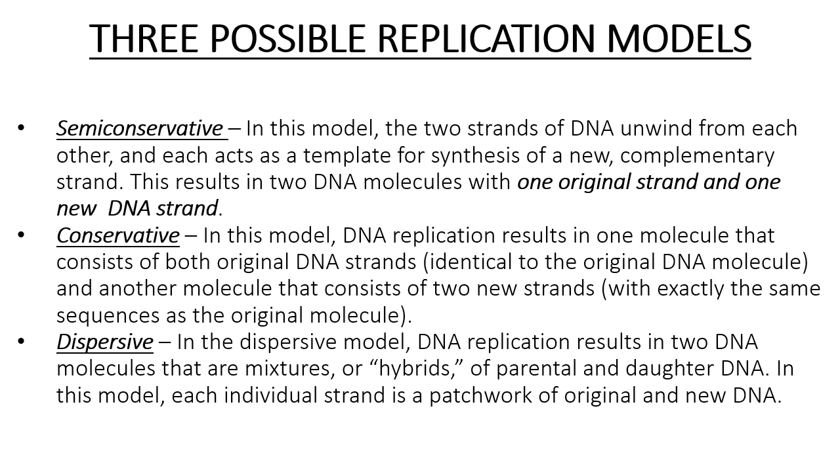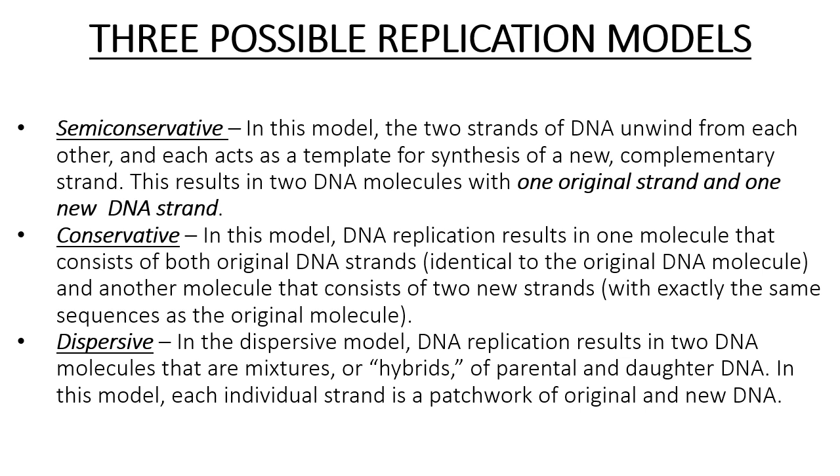Second model is the conservative model. In this, DNA replication results in one molecule that consists of both original DNA strands, and one new molecule. And third one is the dispersive model.